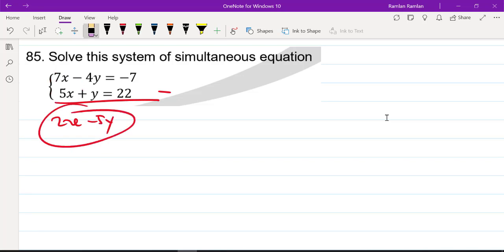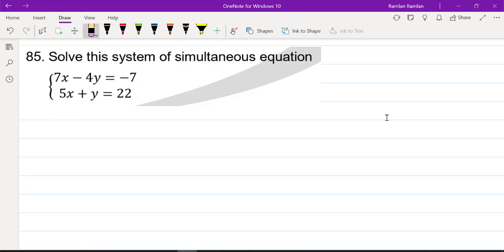So what we need to do first is determine which variable we want to eliminate. The easiest one for this question, I think, is to eliminate the y. If I multiply every term of the second equation by 4, I will get this: 20x, plus 4y, and 88.